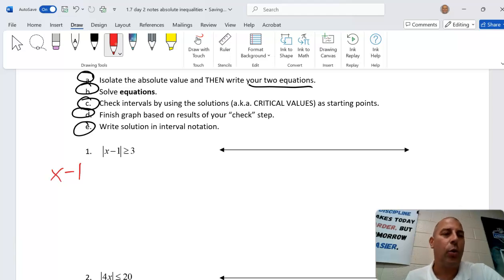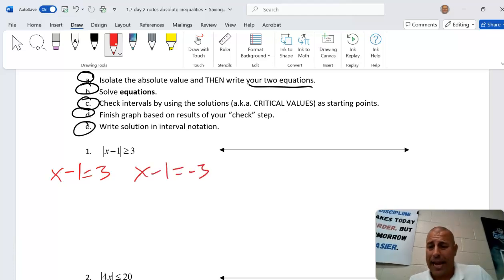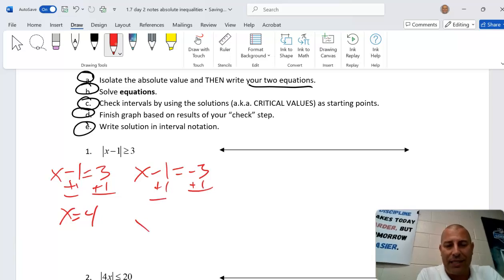Now, I know we see the inequality there, but listen, you're working it like this and you're working it like that. And I know you might think, whoa, you just switched it. We did, because we're doing this to find the critical points. We'll use that absolute value symbol, but this gets us the critical points. So we're going to add 1 to both sides. X equals 4. Still add 1 to both sides, but this time x is going to equal negative 2.